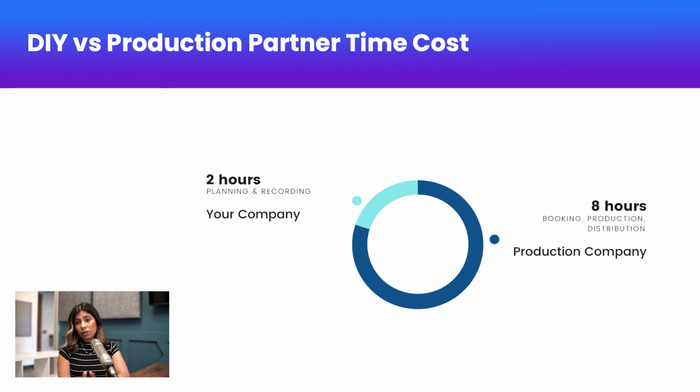We talked about how long it takes to create a podcast, 8 to 10 hours per episode, right? Well, as a production company, we can save, and we do save our customers on average about 8 hours per episode. We take care of booking, production, distribution, project management, so that our customers can do what they do best, which is create great, high quality conversations with industry experts that provide value to their audience and establish them as thought leaders.